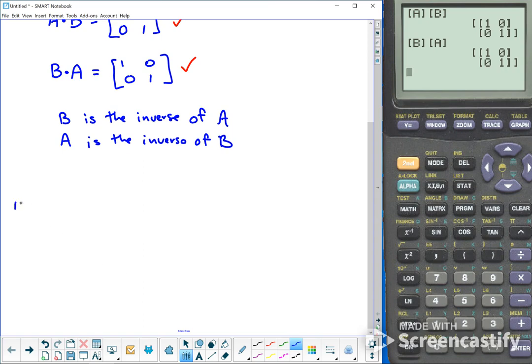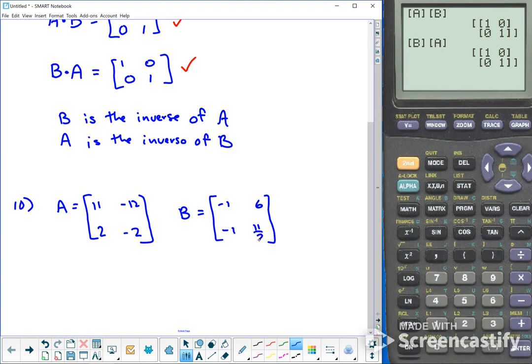Okay, so that's 9. Let's move on to number 10. Number 10, same kind of idea. A is 11, -12, 2, -2, and matrix B is -1, 6, -1, 11/2.